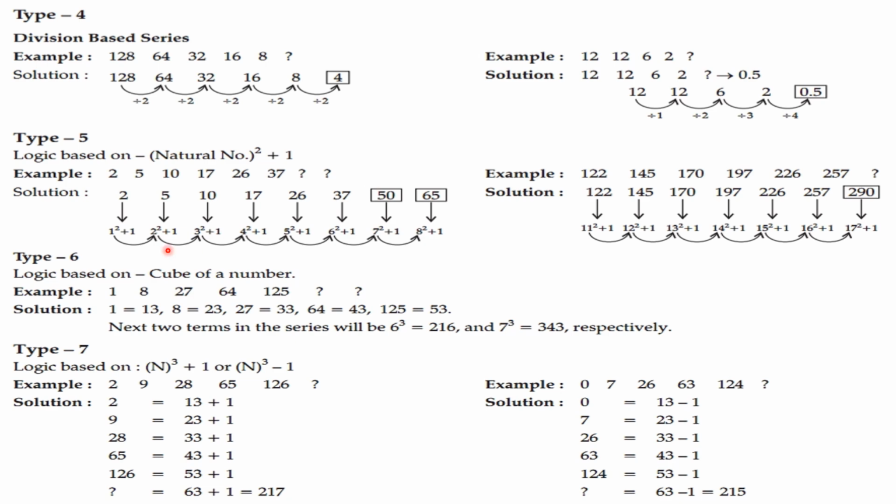These are 1 square plus 1, 2 square plus 1, 3 square plus 1, 4 square plus 1, 5 square plus 1, and 6 square plus 1. The next terms are 7 square plus 1, 49 plus 1, which is 50, and 8 square, 64, plus 1, which is 65.